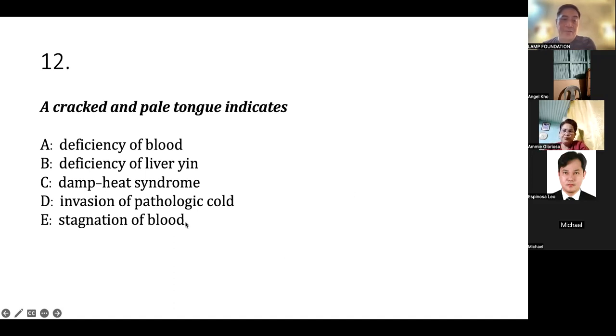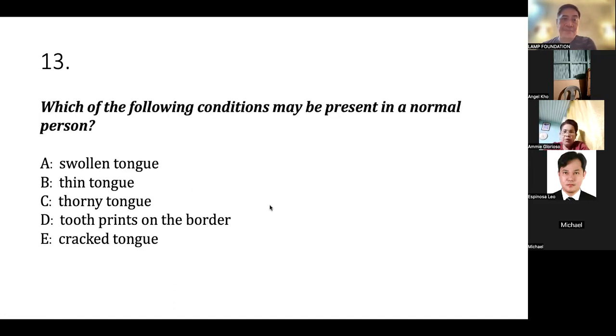Let's go to number 13. Which of the following conditions may be present in a normal person? A, swollen tongue; B, thin tongue; C, thorny tongue; D, tooth prints on the border; and E, cracked tongue. Doc, letter E, cracked tongue.